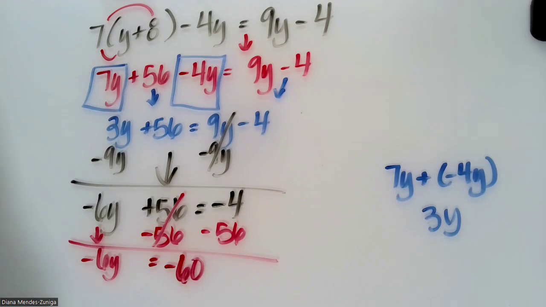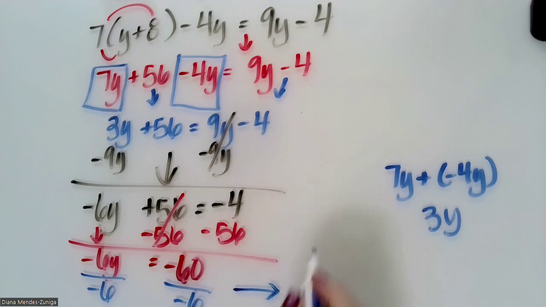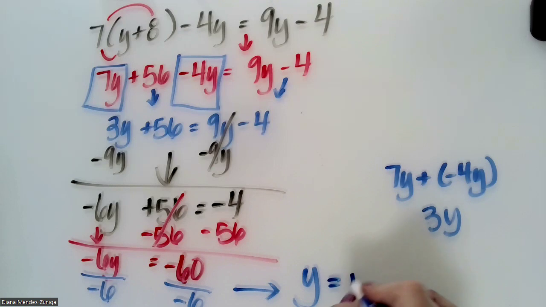So our last step here will be to divide both of these by negative 6 because that is the opposite operation of our multiplication here, and we end up with y for this one because negative 6 divided by negative 6 equals y, and negative 60 divided by negative 6 equals 10. So our answer here will be y equals 10.